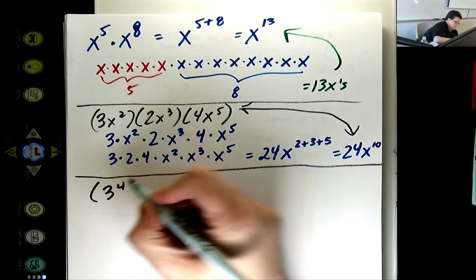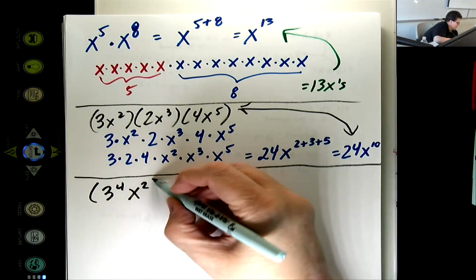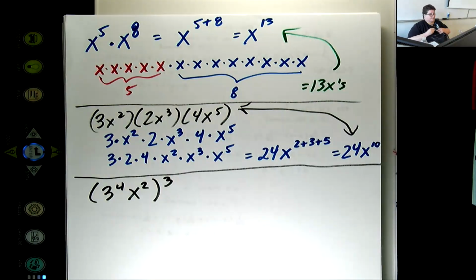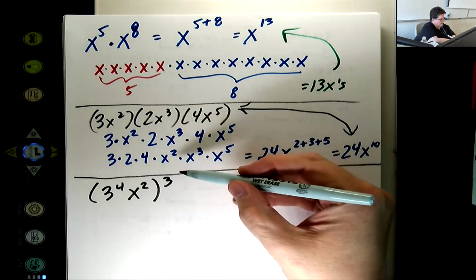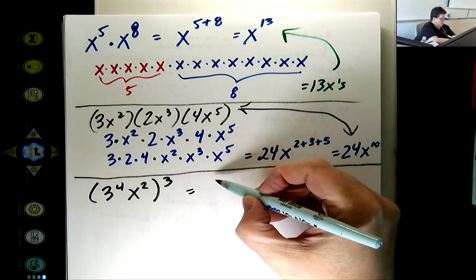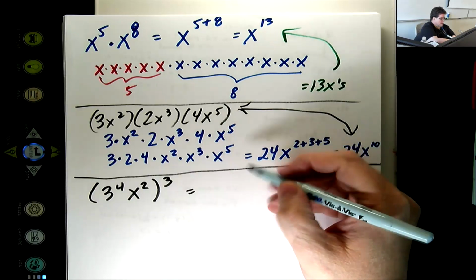All right, we're going to have 3 to the 4th power x squared, and we're going to raise all that to the 3rd power. So when we have exponents on the outside and exponents on the inside, we multiply them by what's inside.